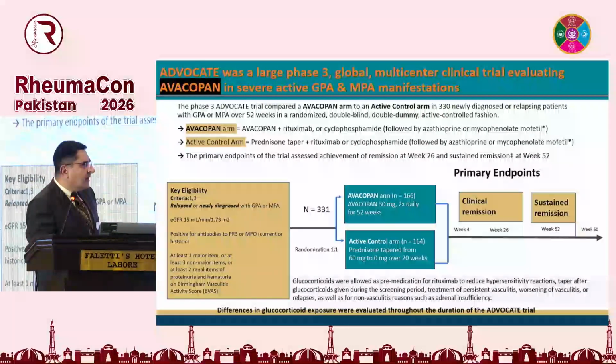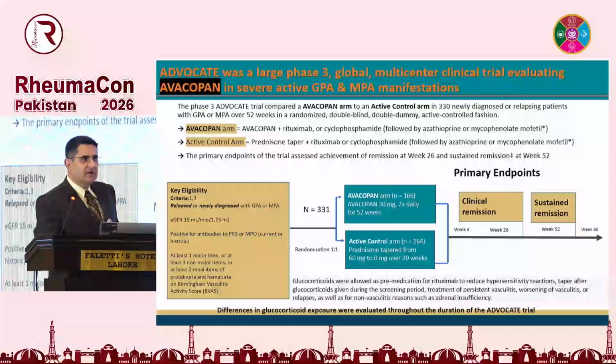In the Avacopan arm, after induction, Avacopan was started and given for 52 weeks, and in the control arm, glucocorticoids were given and tapered over 20 weeks to a minimum dose of 5 milligrams per day.